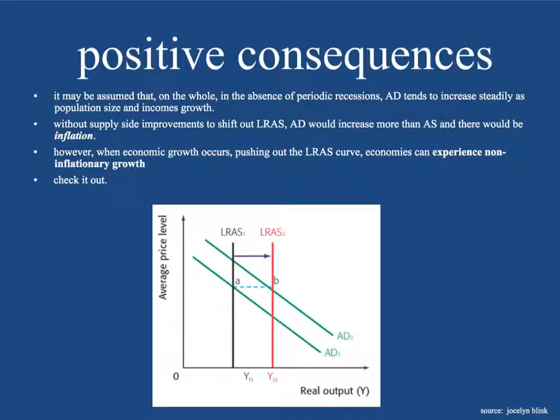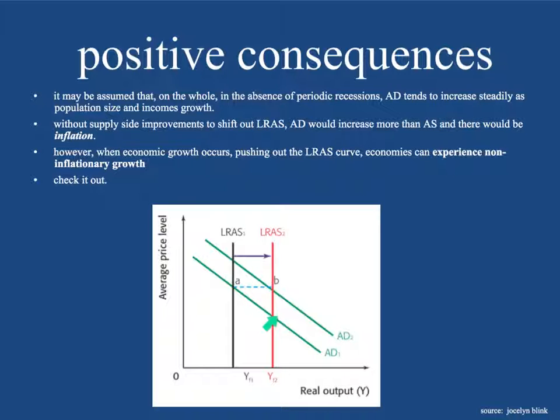But without supply side improvements to the LRAS, aggregate demand would increase more than aggregate supply, and there would be inflation. However, when growth occurs which results in pushing out the long-run aggregate supply curve, economies can actually experience what is called non-inflationary growth, which is where the quantity or quality of the factors of production improves, and as a result, the price level actually stays the same.